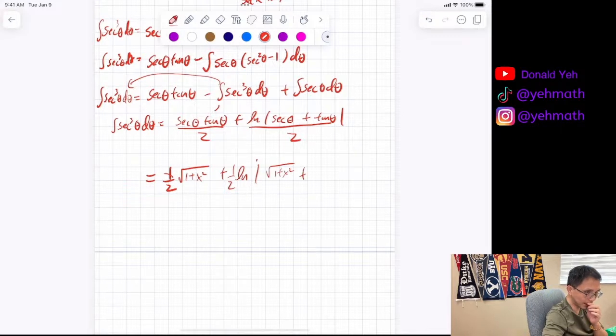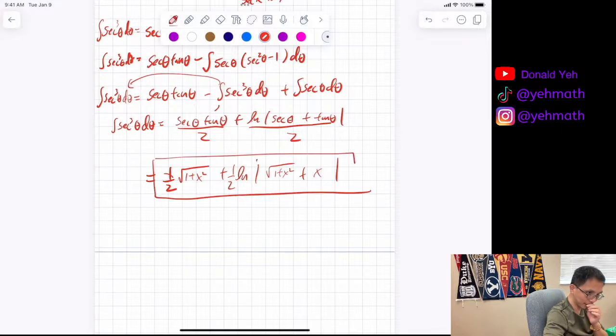Plus x. And there we go. That was the final answer. This is inside the absolute value.